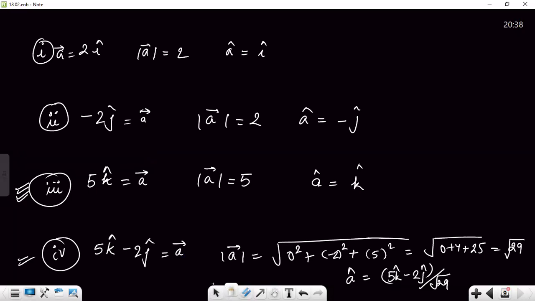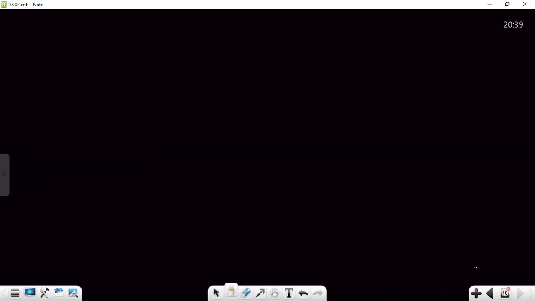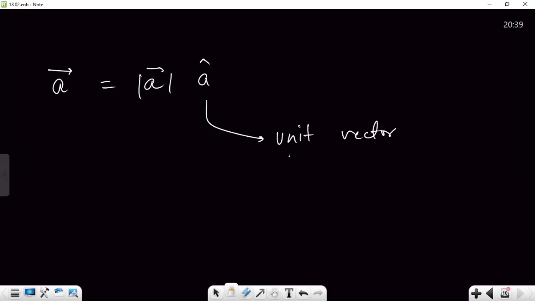Clear? Any doubts? No, sir. Great. So let's now move ahead. So now we have got to know that any vector has two things in it. The unit vector's purpose is only to tell us the direction.